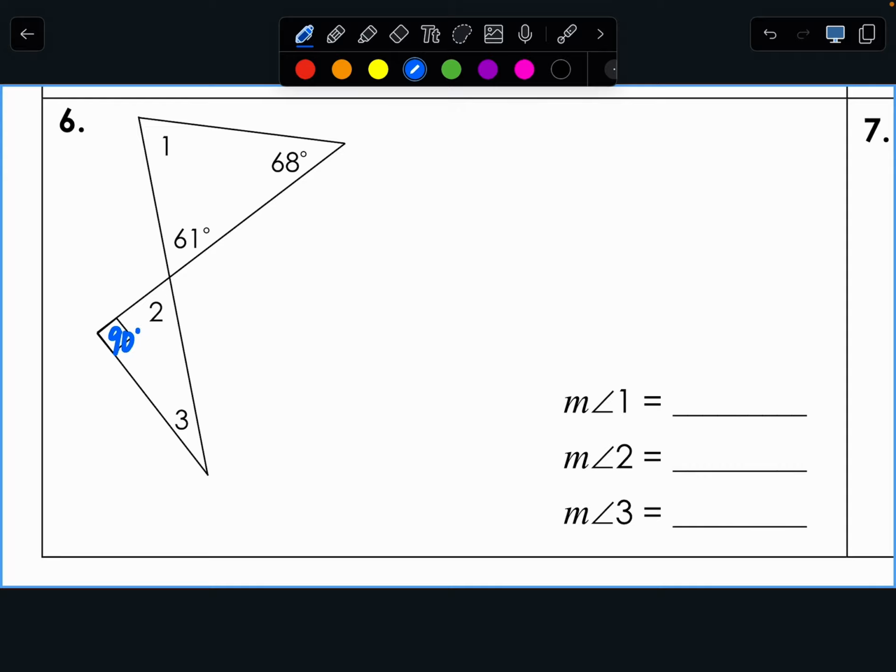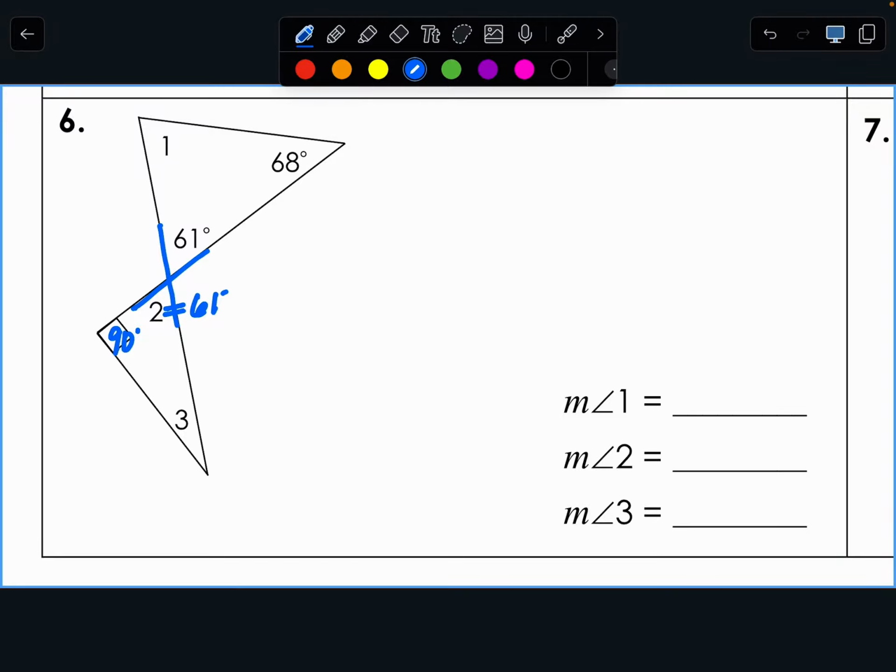Angle 2 has a special relationship with one of the other angles. 61. It's 61 because these are vertical angles. So that means that angle 2 is 61 degrees also. So now I have two triangles that both have two angles.